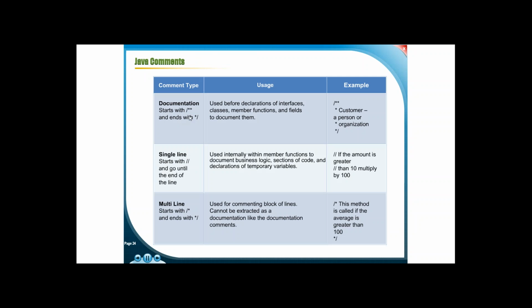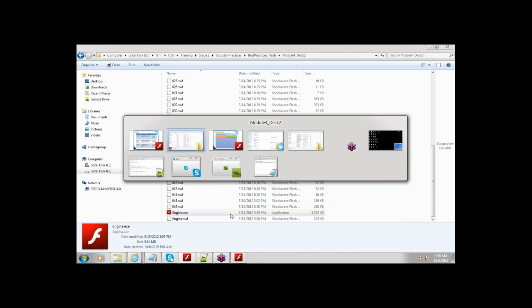So here you can see documentation starts like this: documentation comment, single line comment and multi-line comment. This documentation section comment is used before the declarations of interfaces, classes, members, functions and fields to document them.